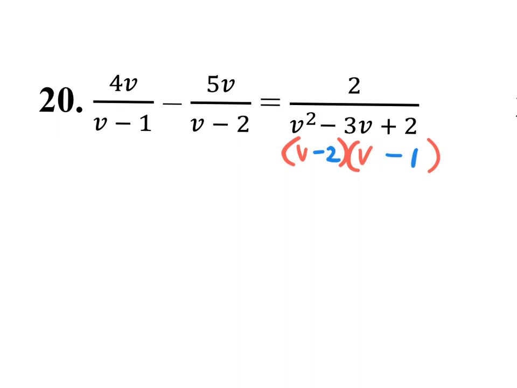Now notice that v minus 1 is inside this denominator, and v minus 2 is inside this denominator. So you could clearly see that the LCD will be this denominator. It's kind of like having a denominator of 2, denominator of 3, and denominator of 6, right?